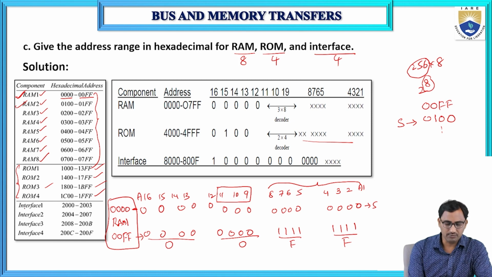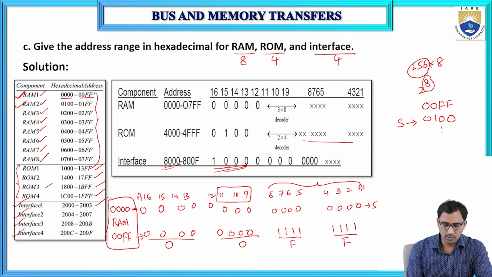And coming to the interface 1. So interface 1 address range is 2000 to 2003, because for the interface registers the address is starting with 8, because here the most upper 2 bits will be 10, so that's why the number will be 8. Okay. So this is interface 2, interface 3, interface 4.